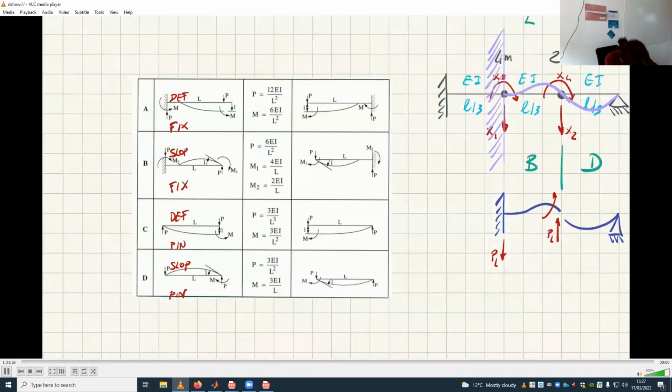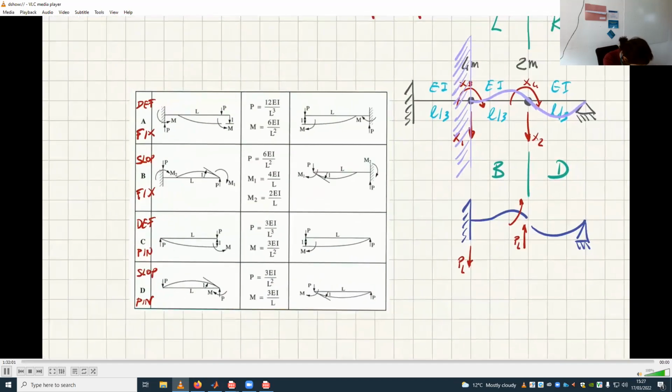There you go. So I'm copying here P up, P down, and then M1 clockwise, not counterclockwise. So M1 clockwise. This is M1 on the left. And this is M2 clockwise. This is M2 on the left. On D, instead, I'm copying P and M. So P goes like this. This is PR. P goes like that. This is PR. And the moment is only here, and it goes like this. MR. Okay.